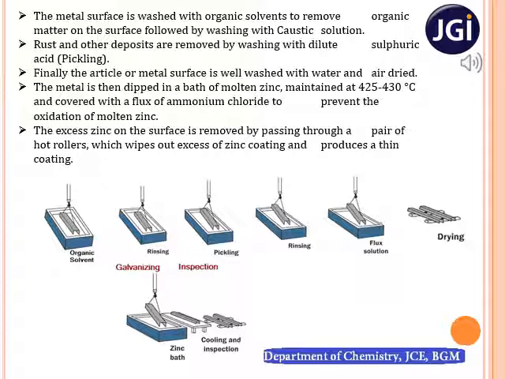The excess of zinc on iron metal surface is removed by passing through hot rollers. These rollers wipe excess zinc and hence the coating will be thin and uniform. All the above steps in galvanization can be understood well by referring the diagram given here.